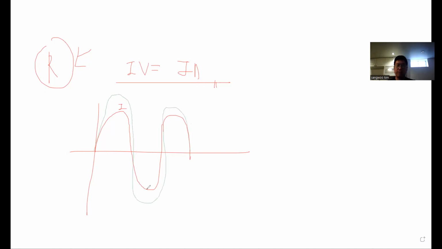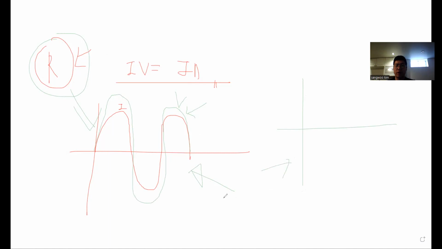V is this color. We could explain this, and later I will show you a little bit of the math part. We explain this in the phasor, from the time domain to the phasor.